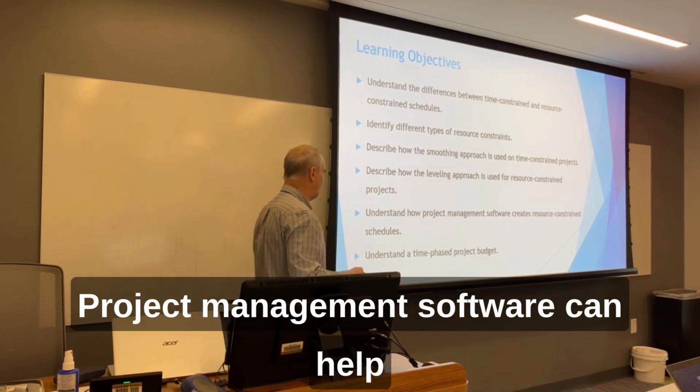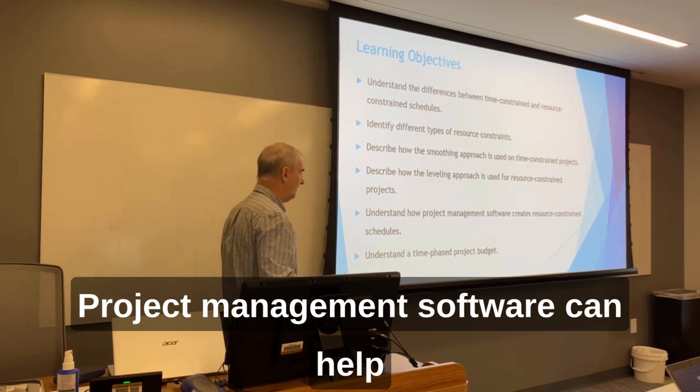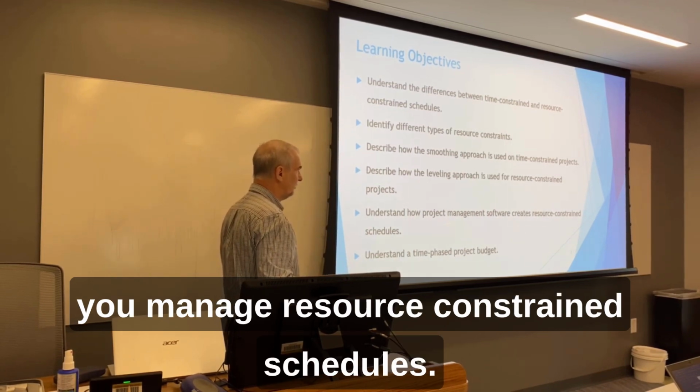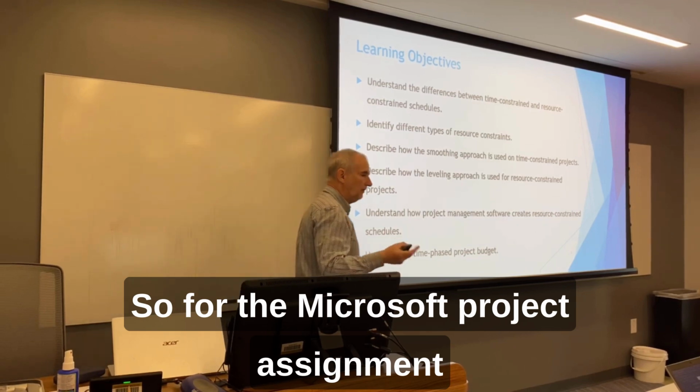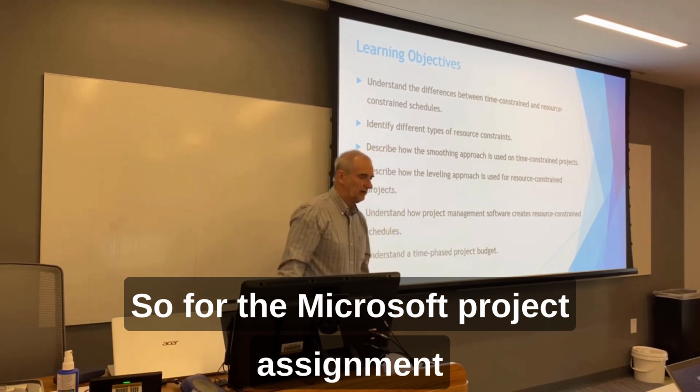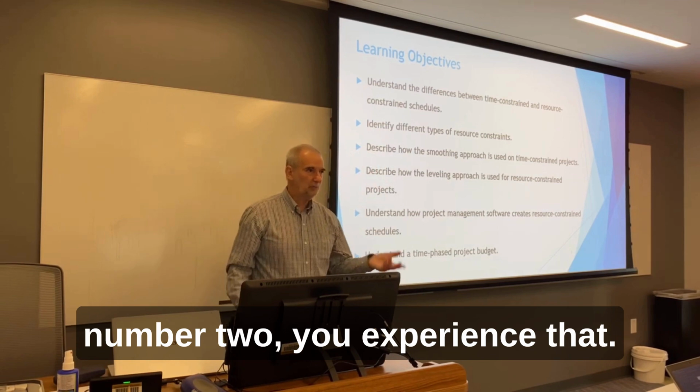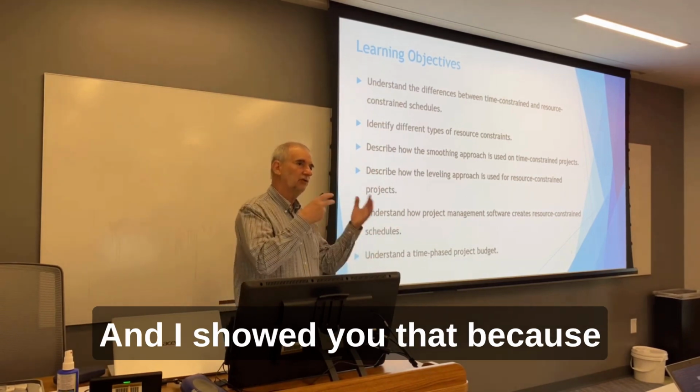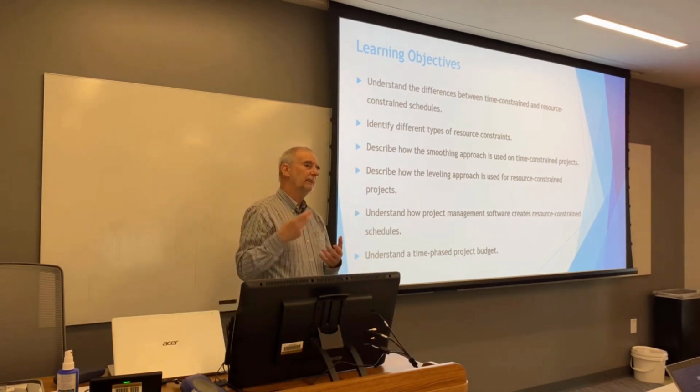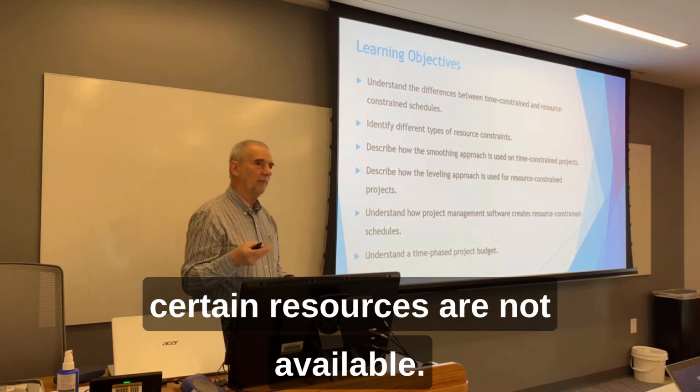Project management software can help you manage resource-constrained schedules. So for the Microsoft Project assignment number 2, you experienced that, and I showed you that because certain resources were not available.